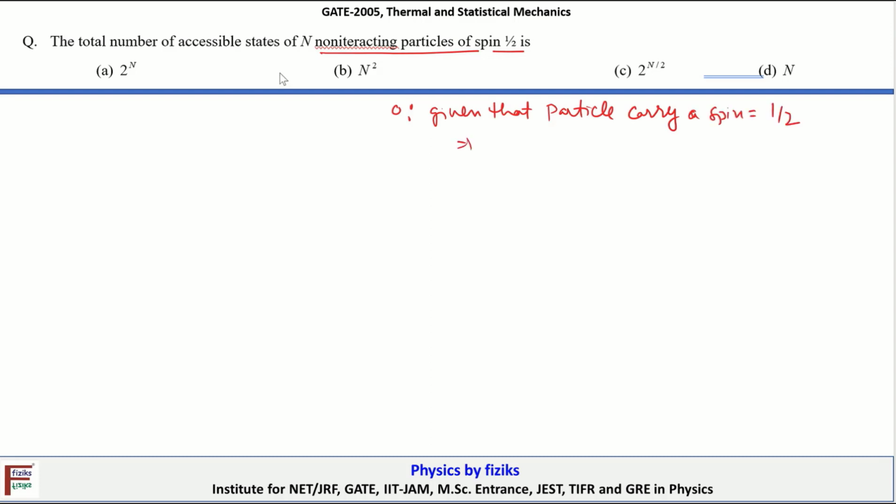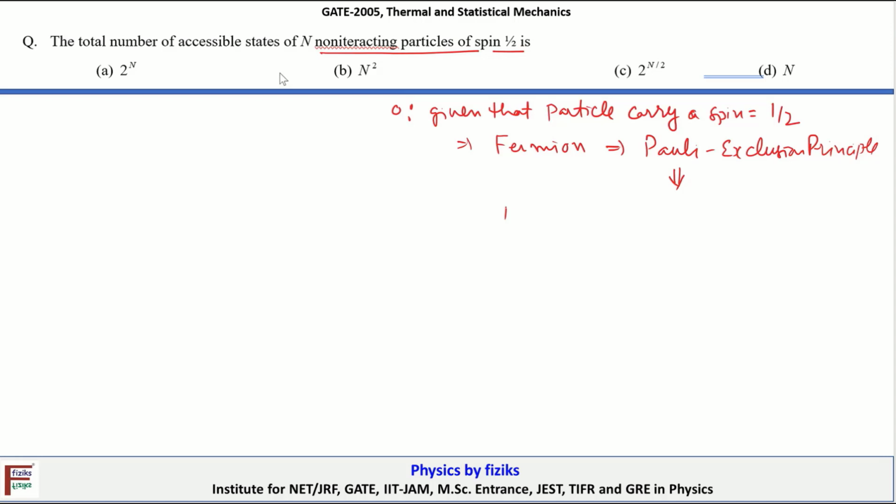So these are fermions, because half integral spin implies fermion. So they will satisfy the Pauli exclusion principle, which implies that we cannot accommodate more than one particle in a single particle state.